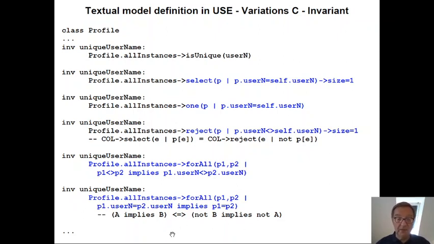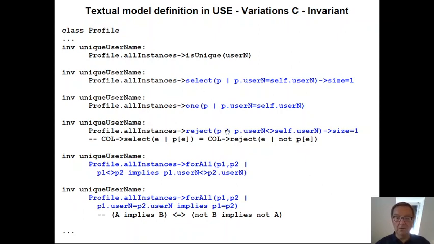And if we apply this to this formula here, then we achieve for this formulation a second equivalent formulation. We have to exchange the order, and we have to invert the predicates, and when we invert this here, we get P1.username equals P2.username implies P1 equals P2.